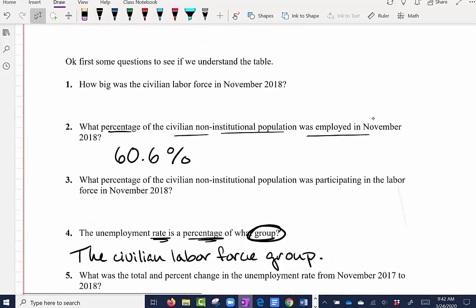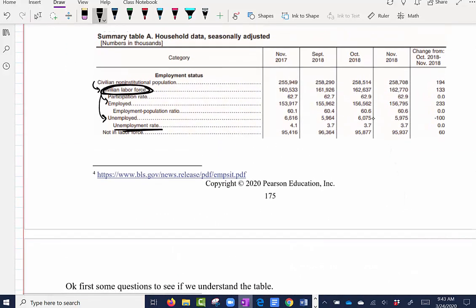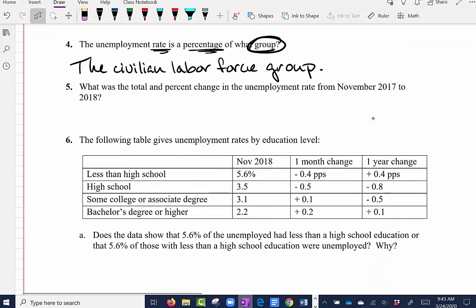In particular, what was that percentage? Well, in November 2018, it was 3.7%. Where that 3.7% comes from is here and here. So they don't actually have to give you that 3.7%. You could calculate it yourself.